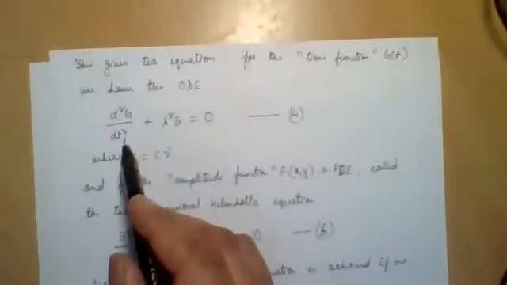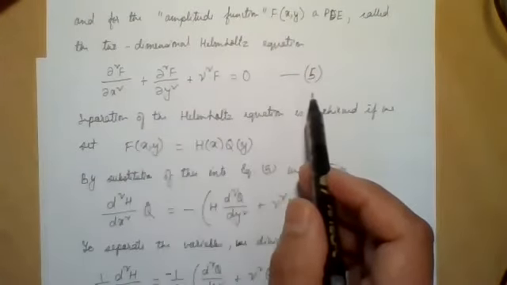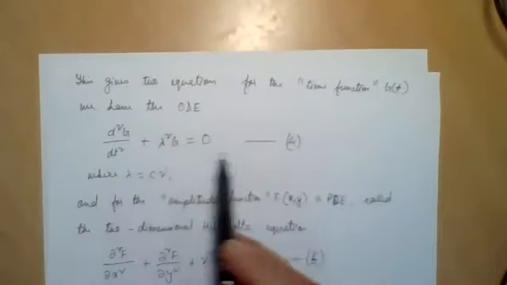So we have taken care of equation number 5, that is the Helmholtz equation, the space-dependent part. Now we turn to equation number 4, that is the time-dependent part. We have found the solutions for equation number 5 that satisfy the boundary condition. Now let us solve equation number 4.